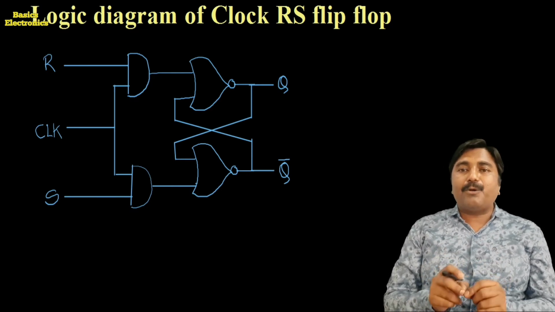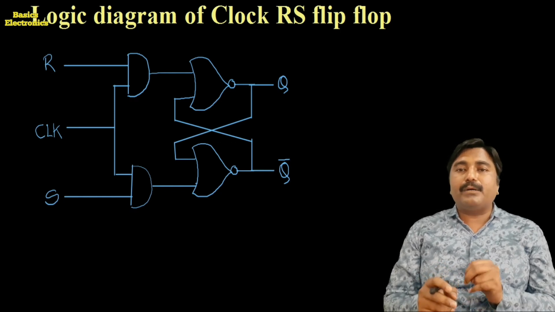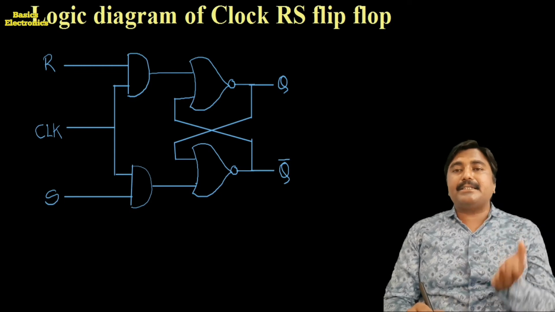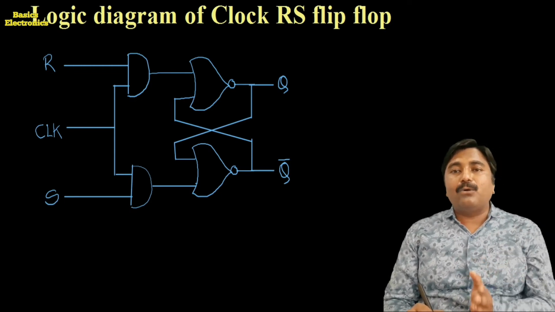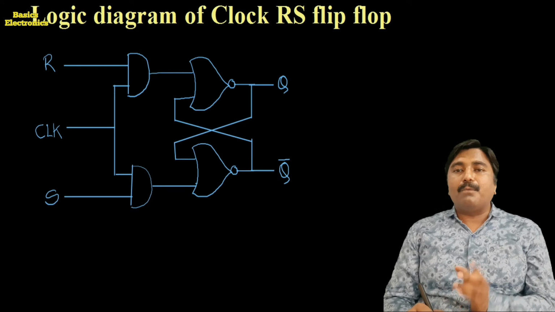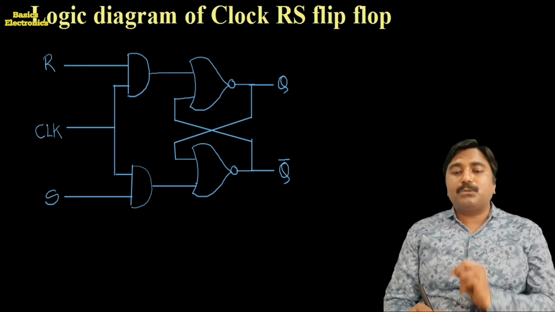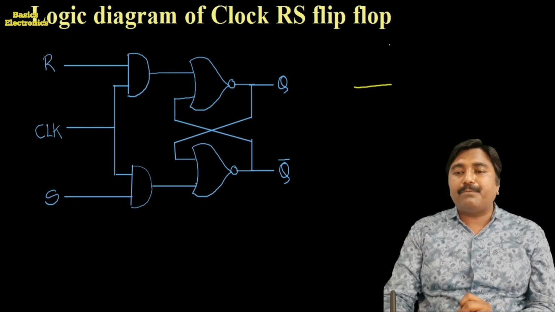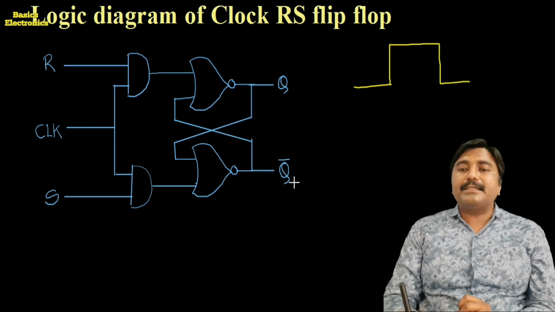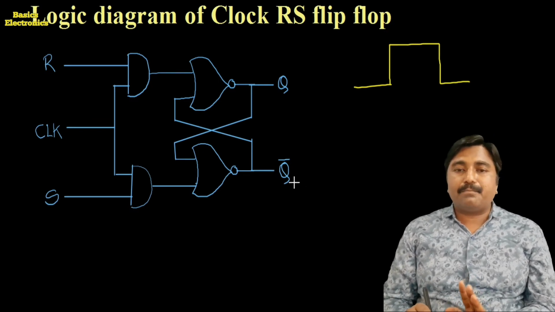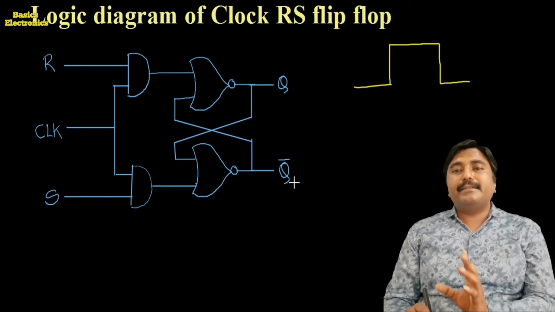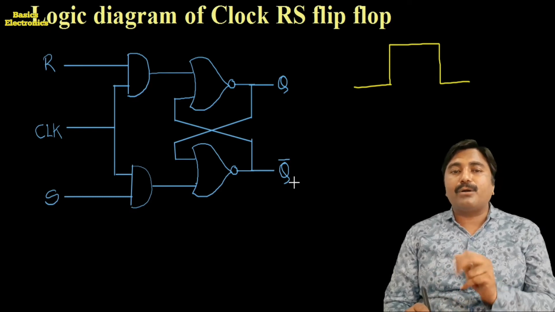If we apply the clock pulse, then we get two conditions, the initial state of the output and the output state of the flip-flop when the clock pulse goes high. So for that purpose we draw the clock waveform and consider the two output conditions. We consider the clocked flip-flop using the NOR gate or the NAND gate. This concept is applicable for both.